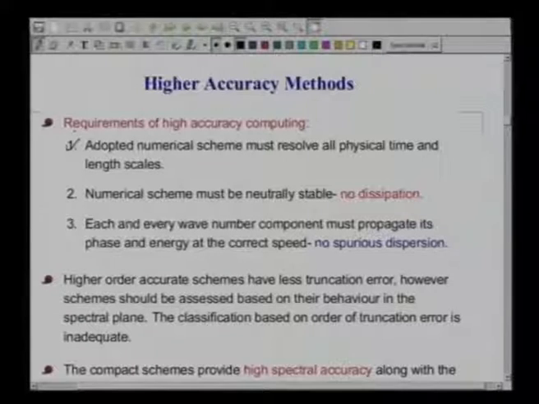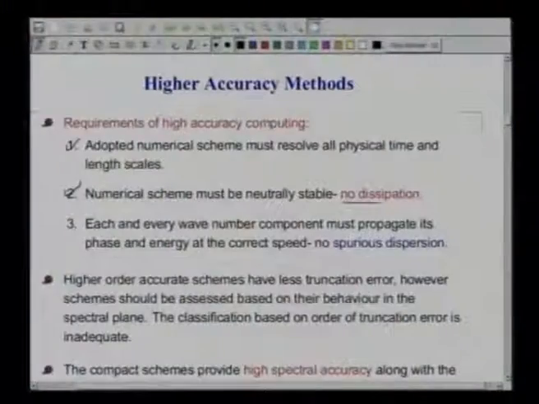Now, the second term is what I just now described to you, that we need to have mod g equal to 1. That means, we need to have a neutrally stable system. We cannot have instability, of course, then the solution will blow up, you will immediately know, but what is not always realized is that you cannot also have a so called stable dissipative system.